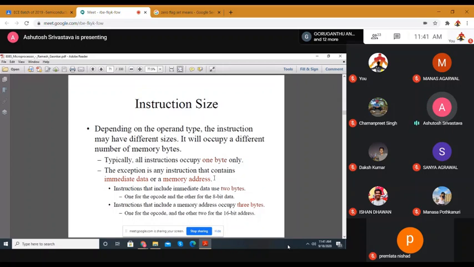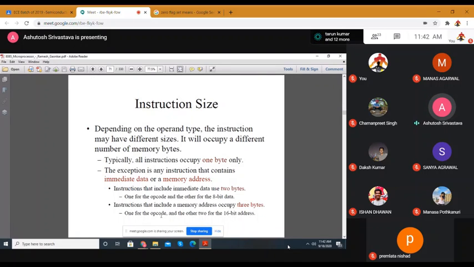Immediate data will use 2 bytes, while instructions that include the memory address occupy 3 bytes.